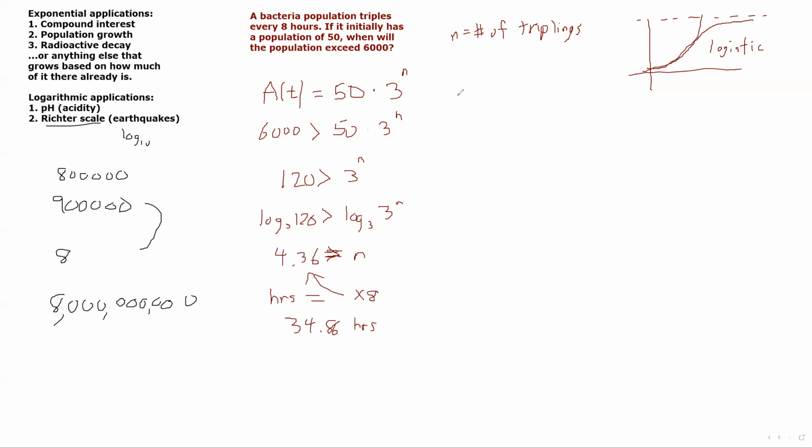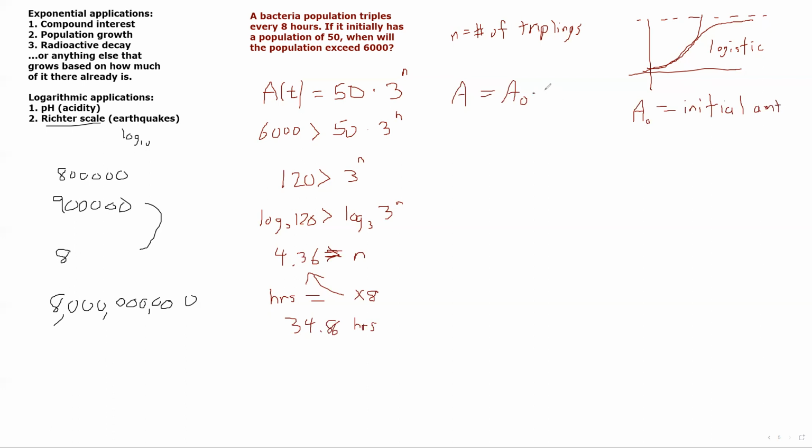Now, this is not the only way to write this equation. There are 2 other ways I could have written this. I could have said A of t, which I'm just going to write as A, is equal to A sub 0. A sub 0 means initial amount. When you say sub 0 in physics, it means the starting value for that.